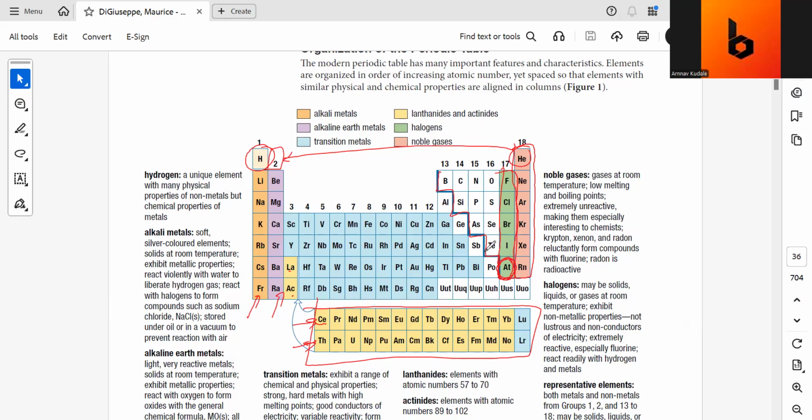Any doubt? No. All good. Actinides, I'm done.